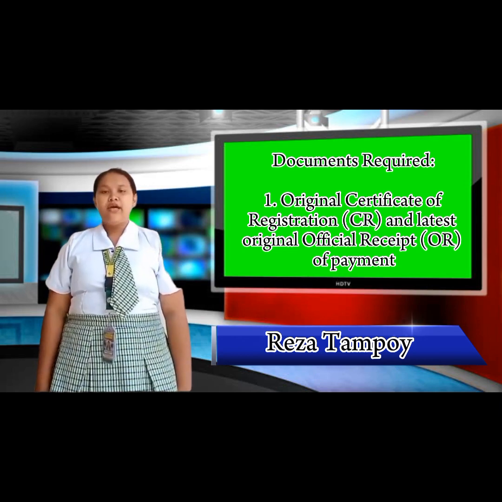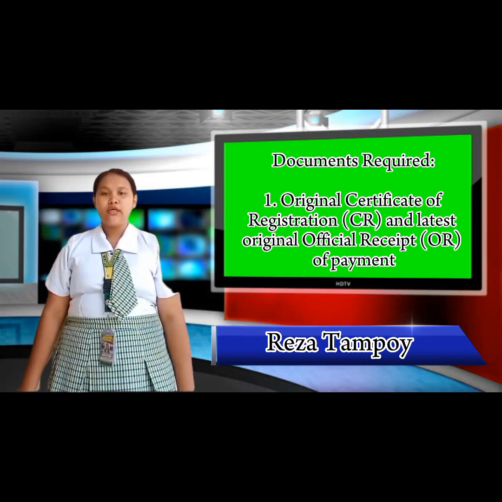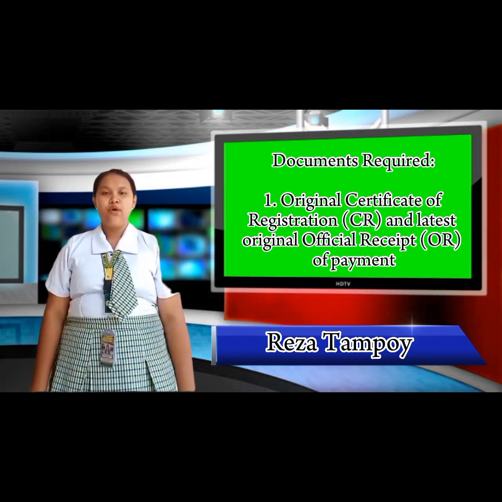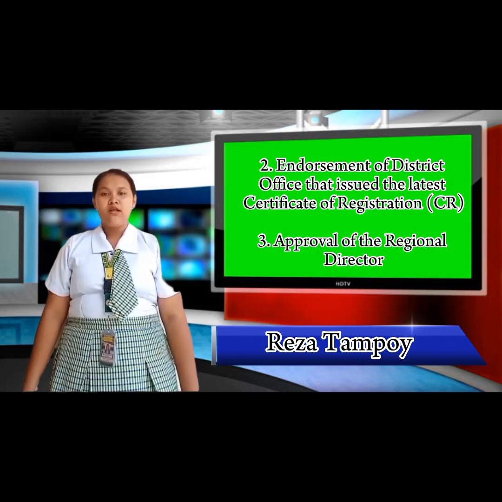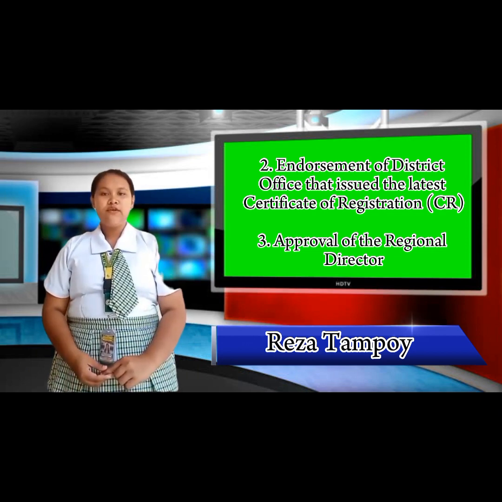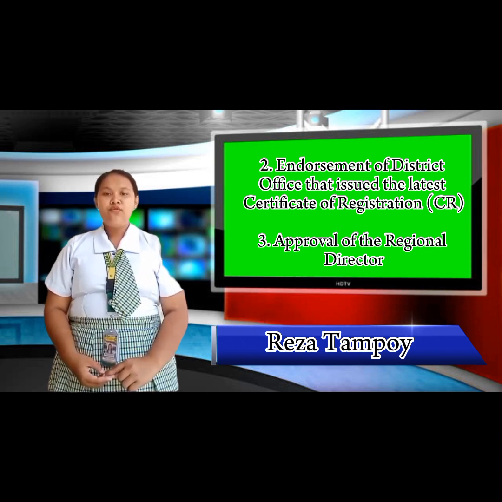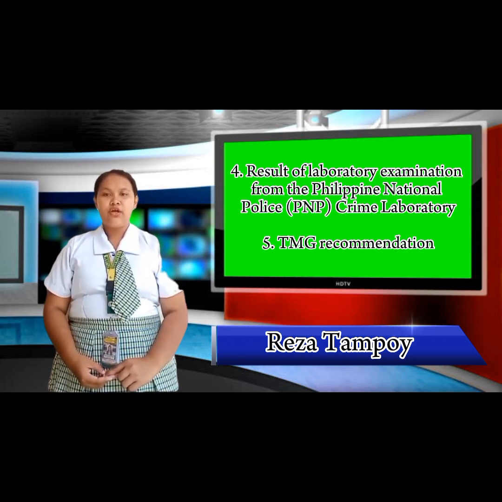Documents required. 1. Original Certificate of Registration or CR and latest original official receipt or OR of payment. 2. Endorsement of district office that issued the latest certificate of registration or CR. 3. Approval of the regional director. 4. Result of laboratory examination from the Philippine National Police or PNP Crime Laboratory. 5.